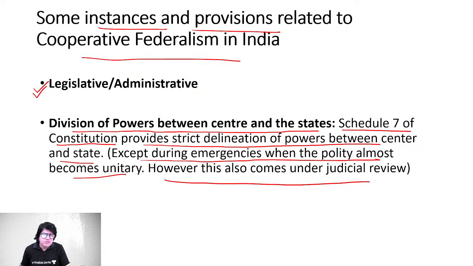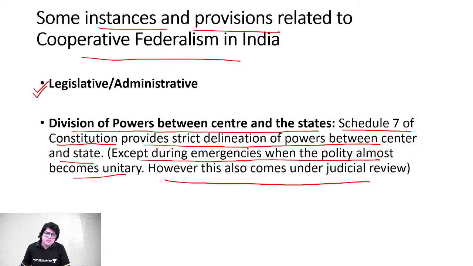Because the federal provisions of the Constitution, if they are to be changed under Article 368, then any tampering with the federal provisions may be concerned with the extent of the executive power of the states, or the extent of the executive powers of the union, or the judiciary, the high courts, or if it is concerned with the president, like Article 54 or 55, or with the GST Council, that is the Goods and Services Tax Council, under Article 279A.